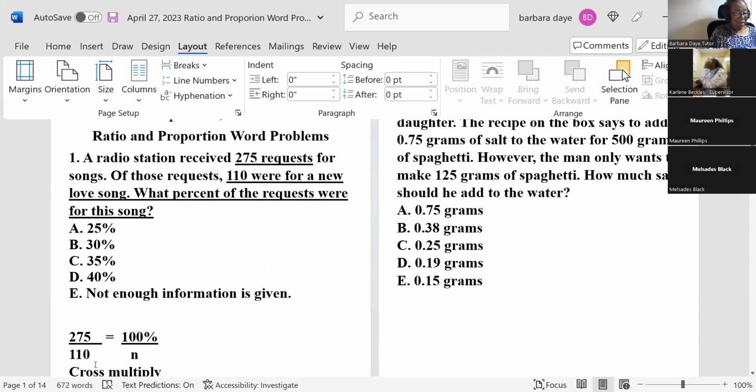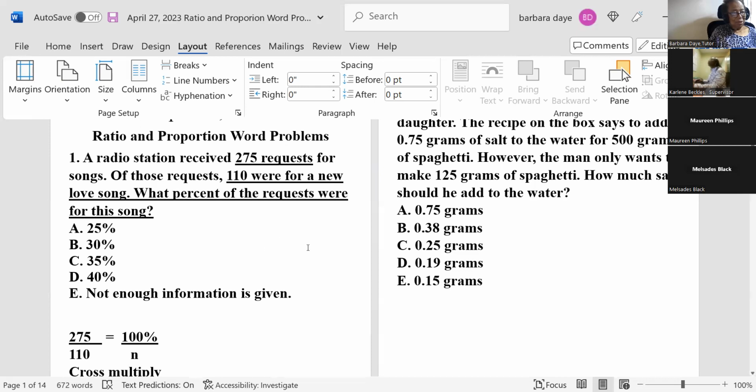You could have done it without setting up a ratio, but I showed you how to set it up as a ratio. The 275 represents the 100%. But you could have said, well, if 110 requests for the new love song and 275 is my total, 110 divided by 275 is 0.4. And 0.4 is 40%. Got it?